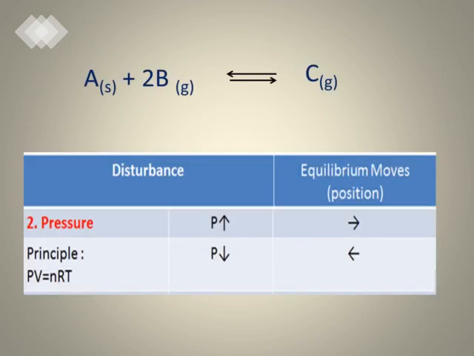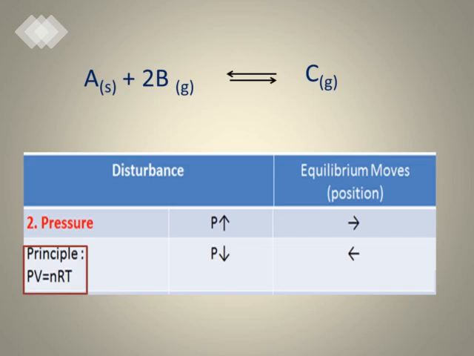When the pressure of an equilibrium system is disturbed, it will move in the direction that will bring the pressure of the system back to equilibrium again. The gas law equation will be taken into account in determining the direction of the reaction. Now, if we increase the pressure of the system, based on the ideal gas equation, the number of gas molecules will also increase.